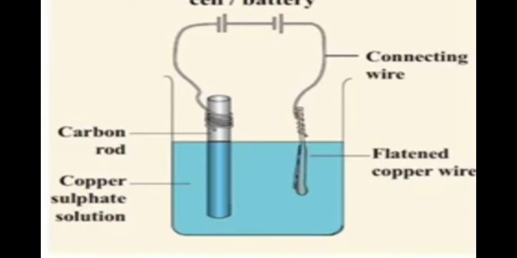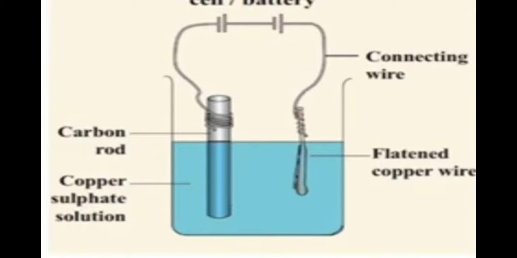Chemical decomposition takes place. And the thick copper wire reacts with copper sulfate solution, and the carbon rod also reacts with copper sulfate solution. So the copper wire loses electrons, it becomes positively charged. This is called anode.